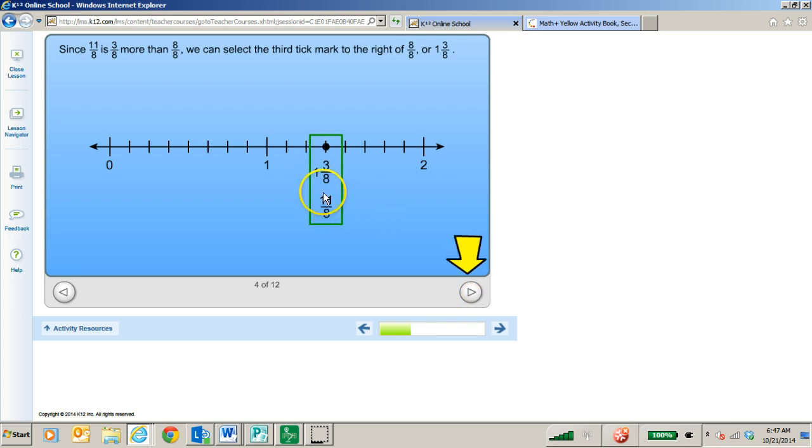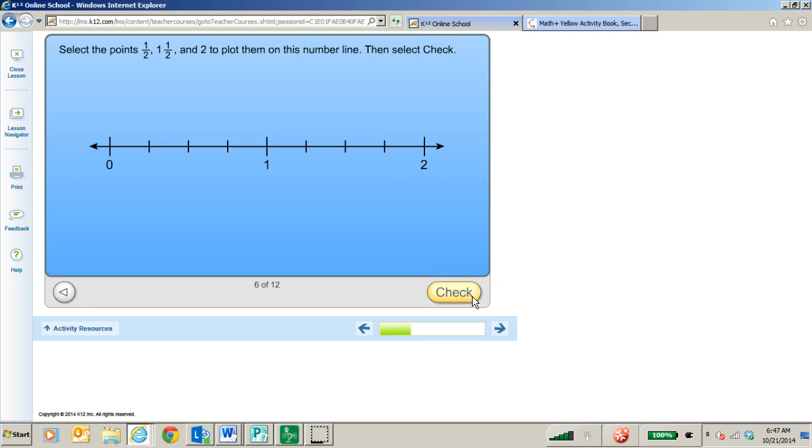For instance, some are mixed numbers and some are improper fractions, but they both represent the same amount and are equivalent.